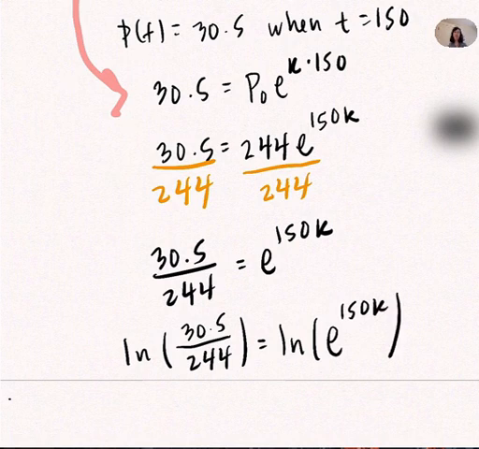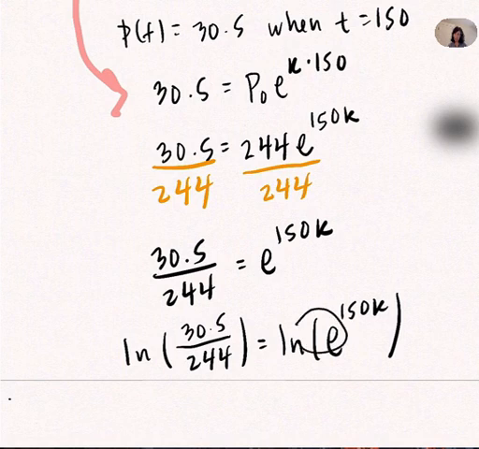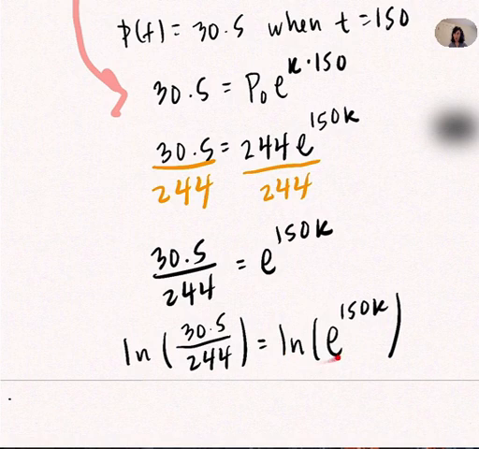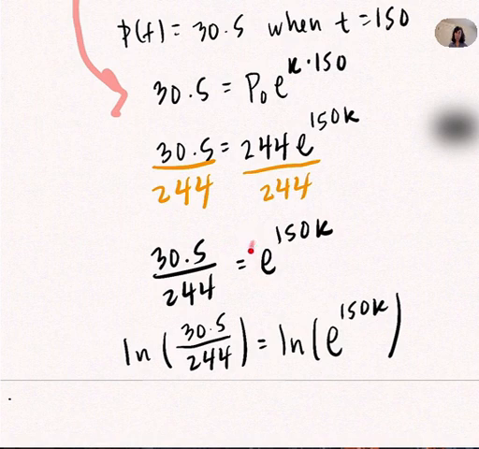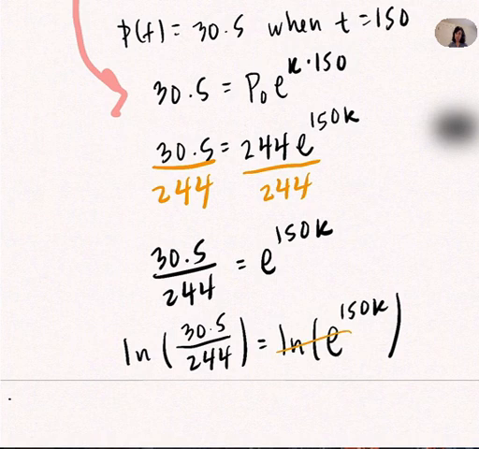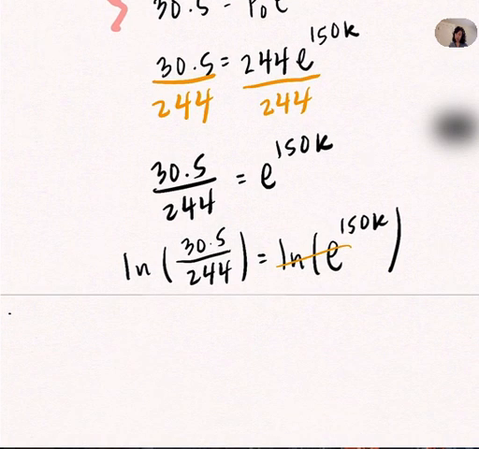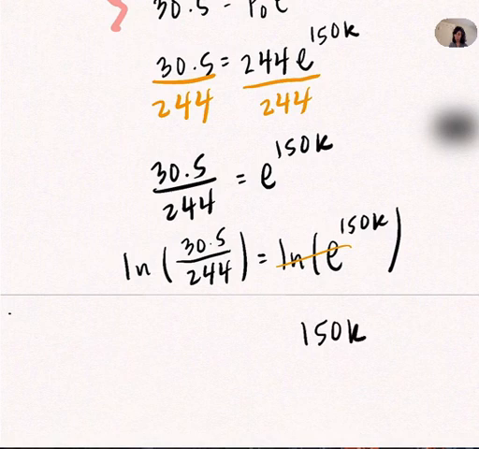And the reason I isolated the exponential function is because right here, ln of e to the 150k, those cancel away if the e is just by itself, if there's nothing in front of it. So I can cancel right here, and now I have solved the right-hand side for 150k. So I'm almost there.